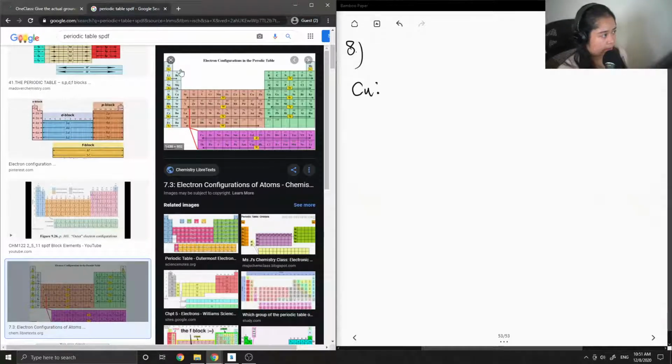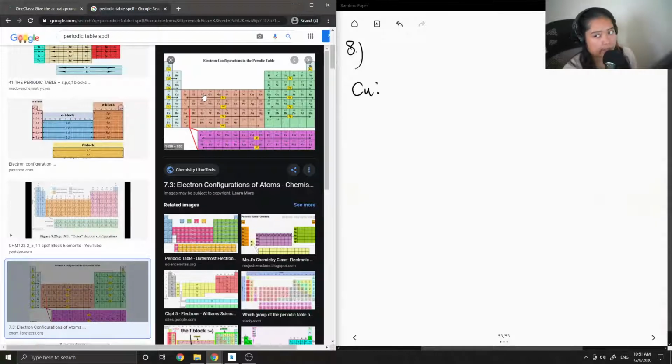So this light blue section is denoted as the S block. This green section is the P block. And the middle transition metals are the D block. And the last two rows is the F block.